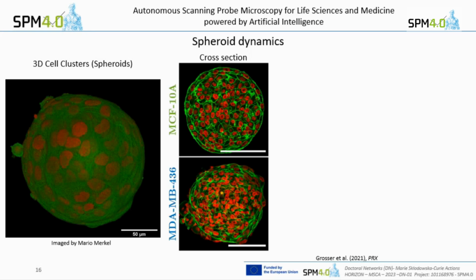If you remember Anna's talk with the lumen organelles, you also see these bright rings. These are actin cables that keep the cells together, these spheroids together. So they perform some kind of, you can also say, increased surface tension.